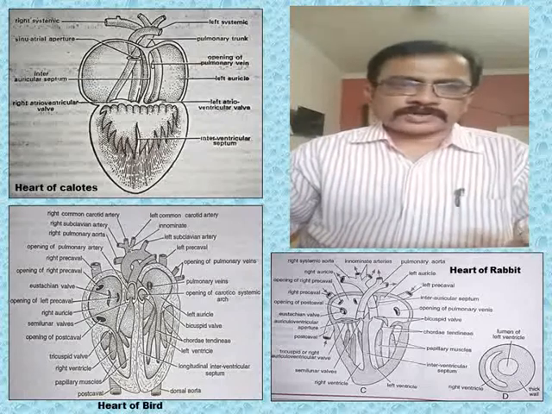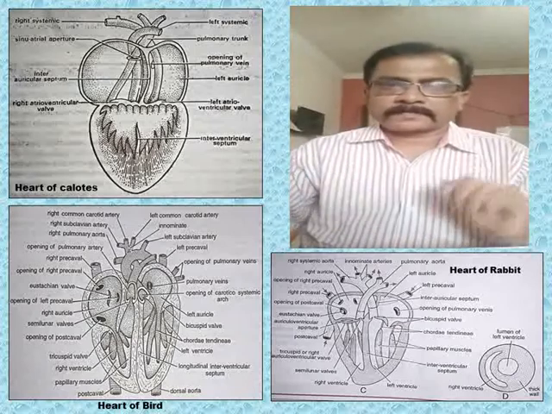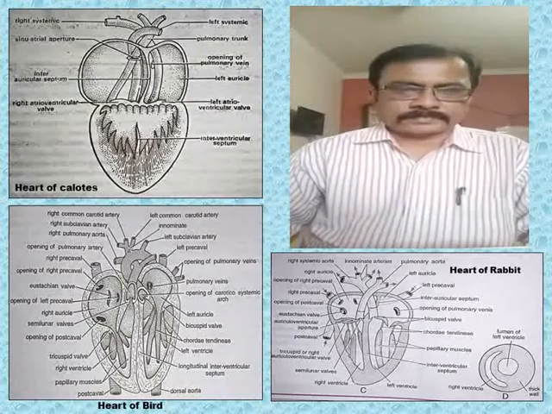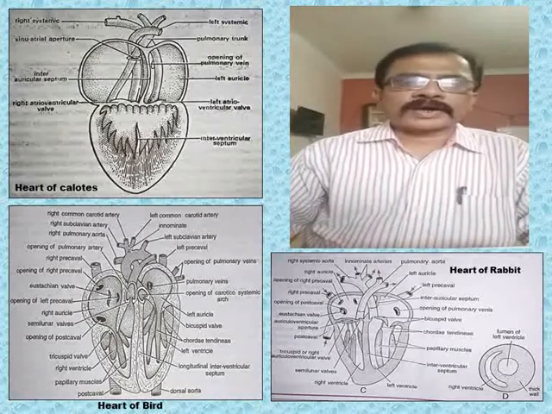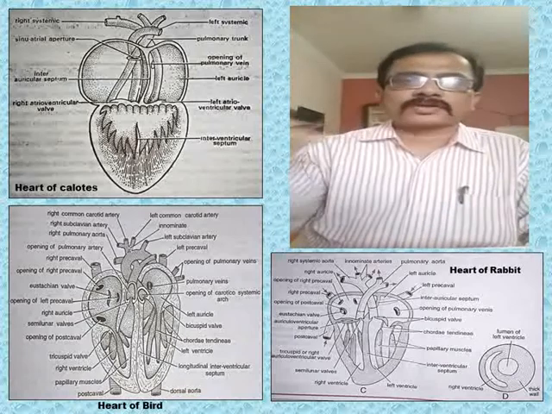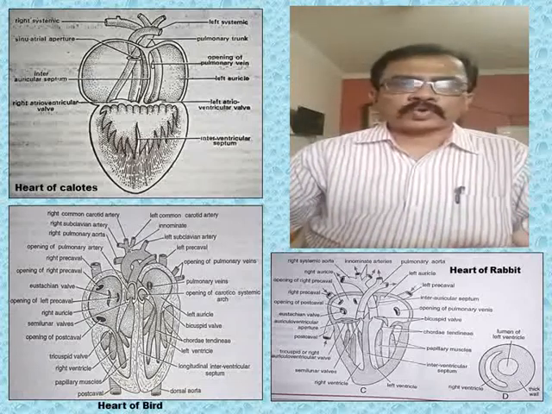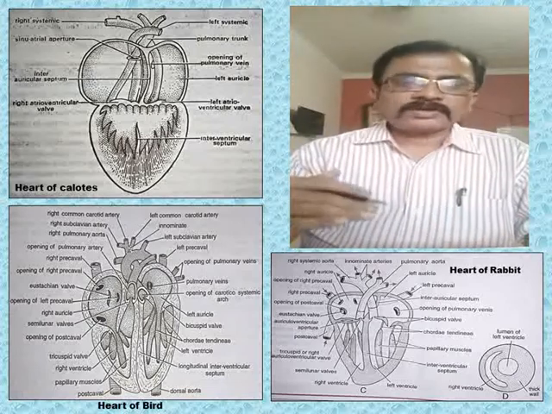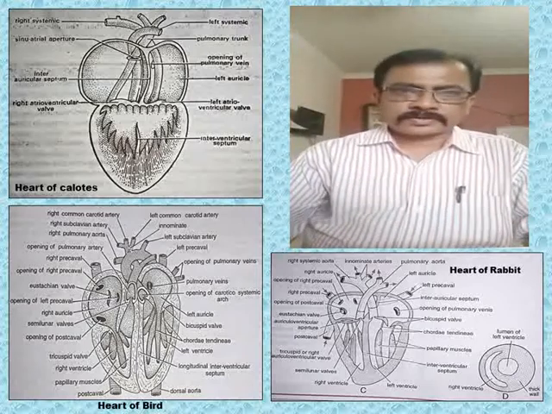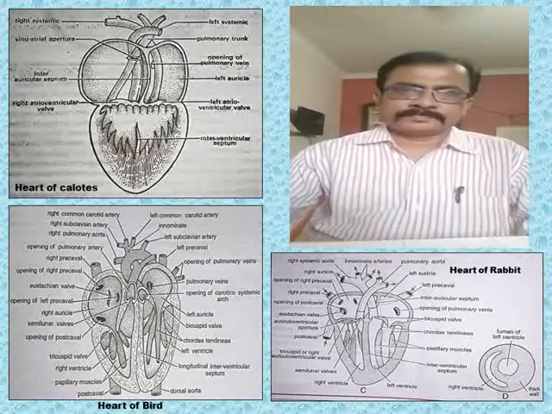Come to the first point, that is location of all the three. In lizard, heart is located mid-ventrally, that is above the sternum. Sternum means the breastbone, above the sternum, that is in the thoracic cavity, but there is no septum transversum.